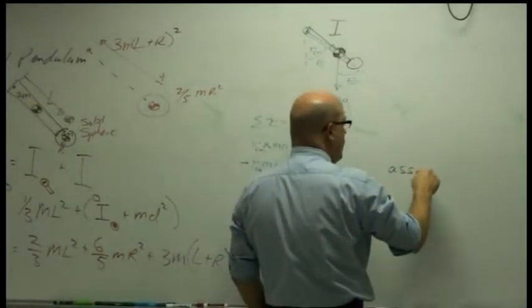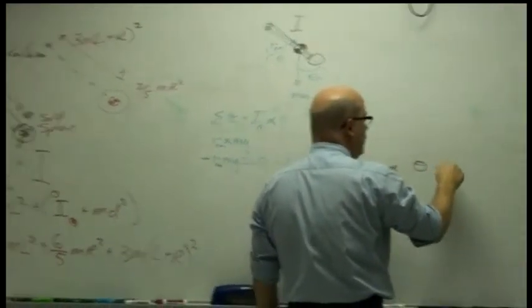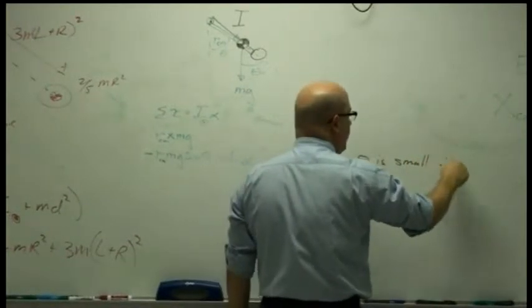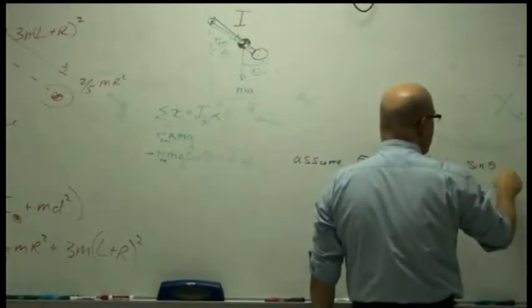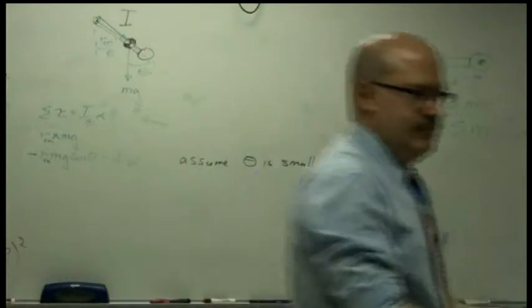So we will assume that theta is small, therefore sine theta is approximately equal to theta. What is considered small?